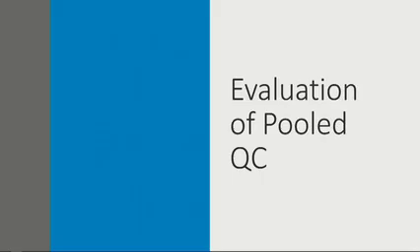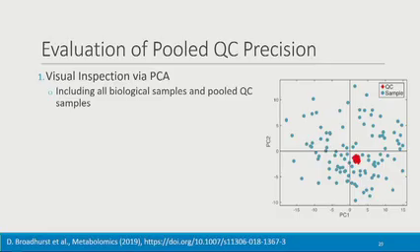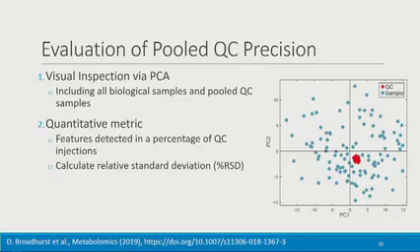To evaluate the pool QC, we can do a visual inspection via PCA, including all biological samples and the pool QC samples. We can also perform a quantitative metric, the features detected in a percentage of the QC injections, and calculate the relative standard deviation.